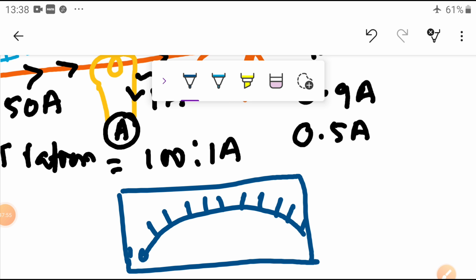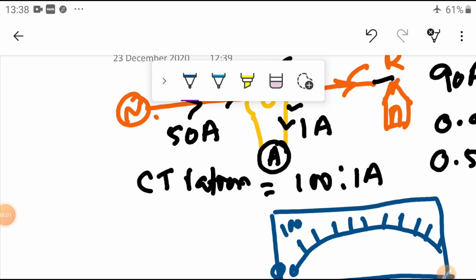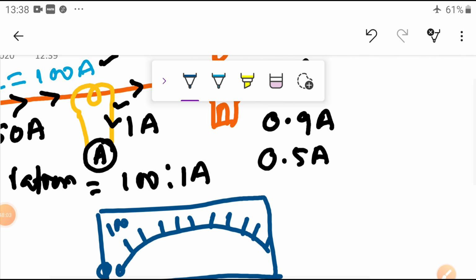Okay, so 0 to 1 corresponds to 100 amperes. You can take this as 10 amperes, 20 amperes, 30 amperes, and so on up to 100 amperes. So this is the indication.